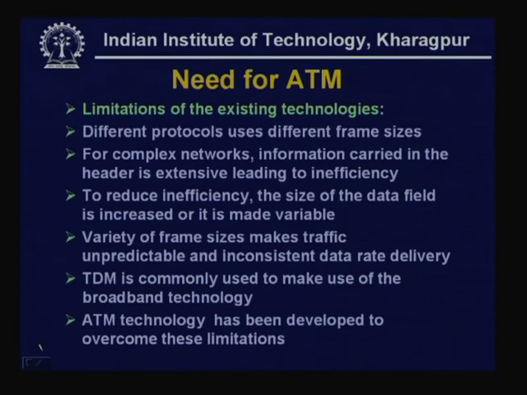If we look at the existing technologies, you will find that they have several limitations. First, different protocols use different frame sizes. The size of the frames can be small, can be large. In other words, the frame size is variable, and for complex networks, the information carried in the header is extensive, leading to inefficiency.